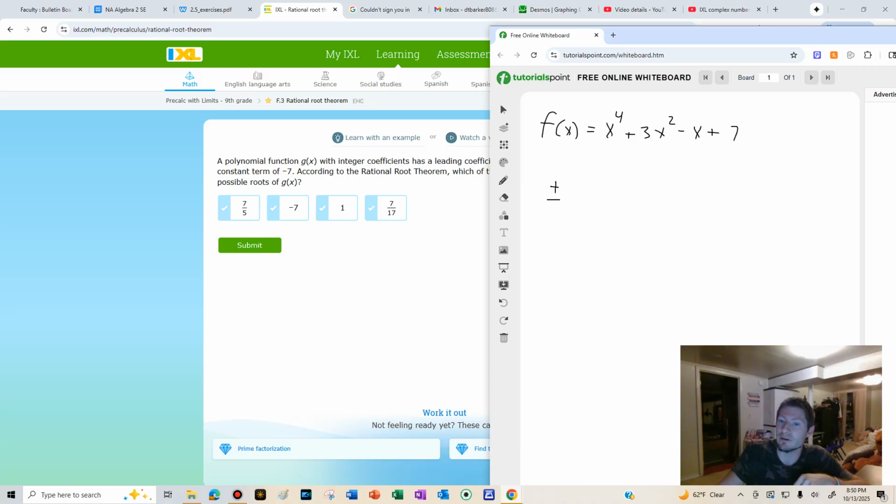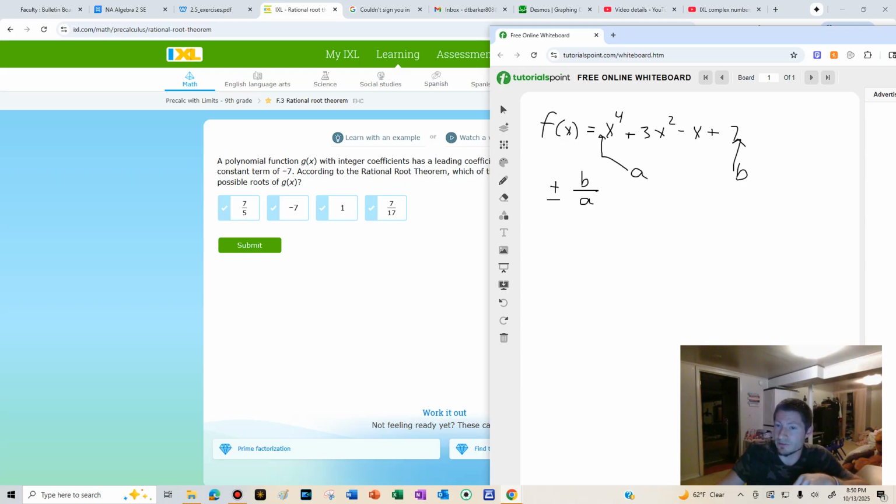In fact, the zeros you could possibly have are positive or negative b over a. This is how it's usually notated, where the constant is the b and this coefficient here is the a.